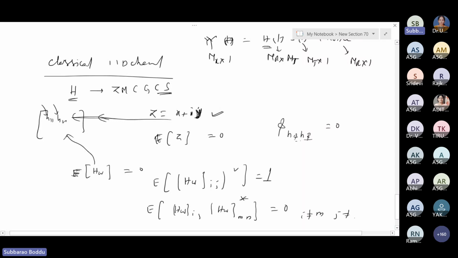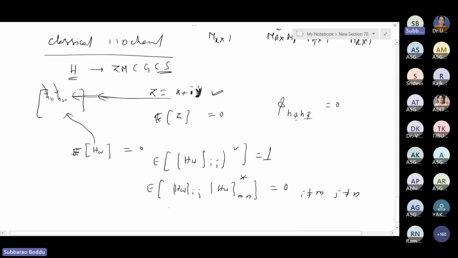So the elements are uncorrelated with each other, and they are Gaussian. If any MIMO channel satisfies these properties, we say that it is a classical MIMO IID channel, an independent and identically distributed channel. That is the spatial channel.